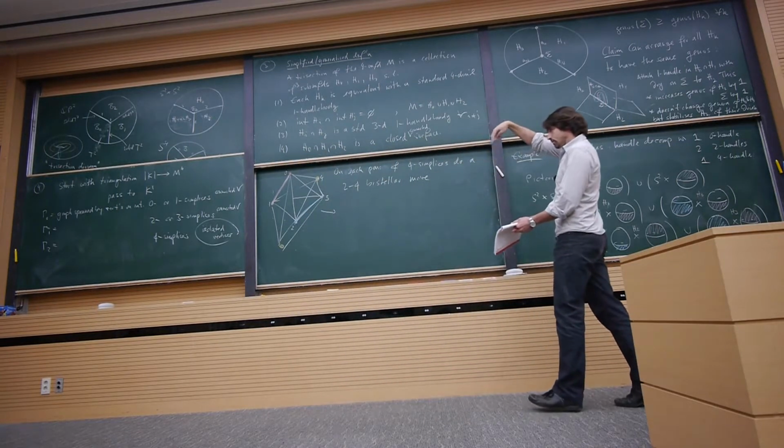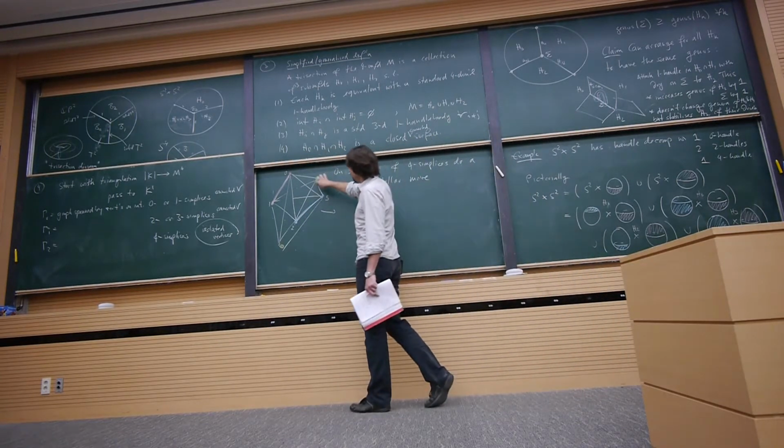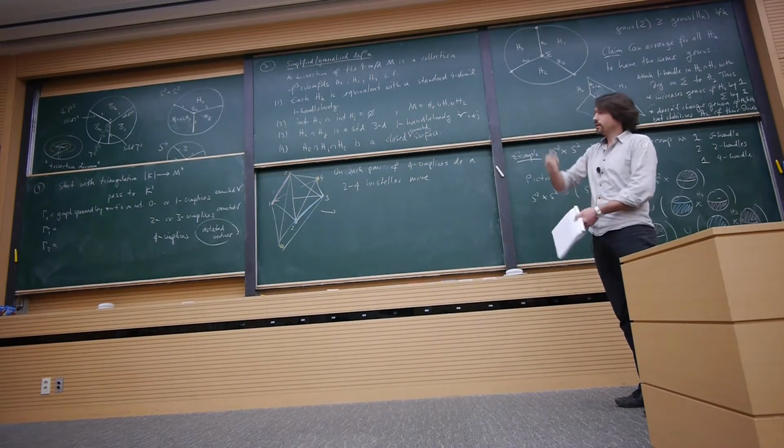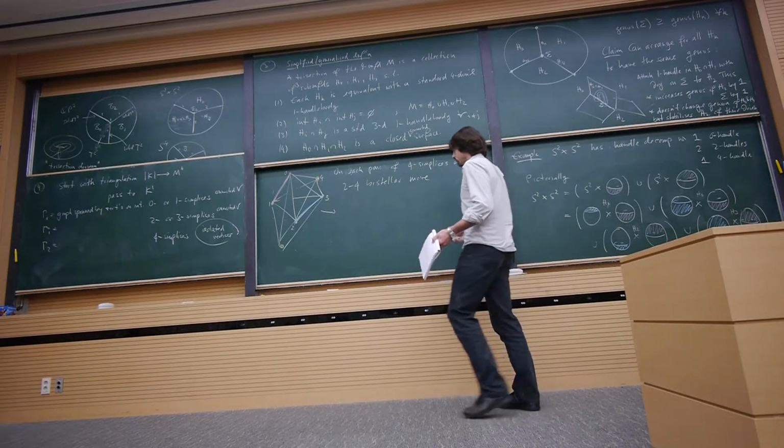Okay, and so what do you get when you do this? Well, you now get 4 pentachora, and each of them actually has an edge connecting the yellow vertices. So let's draw them.